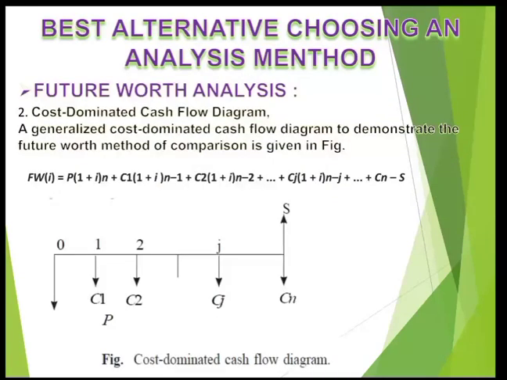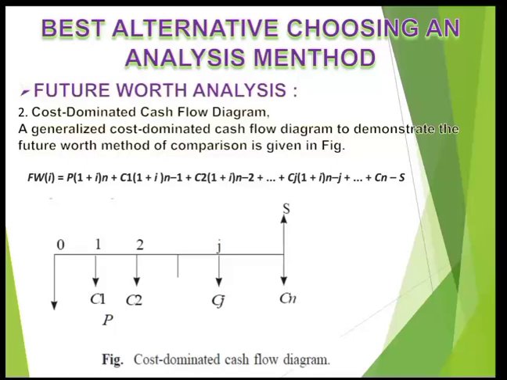Now, the second one is the cost dominated cash flow diagram. A generalized cost dominated cash flow diagram to demonstrate the future worth method of comparison is given in this figure.